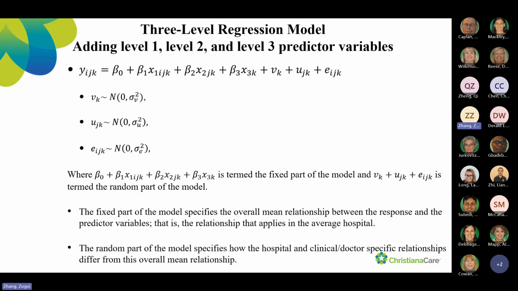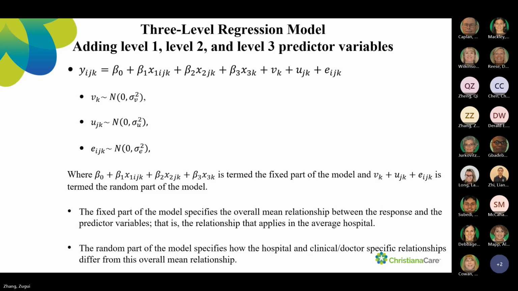After we talked about the two-level regression model for continuous and categorical variables, now let's move on to the three-level regression model. So we will have level 1, level 2, and level 3 predictor variables.